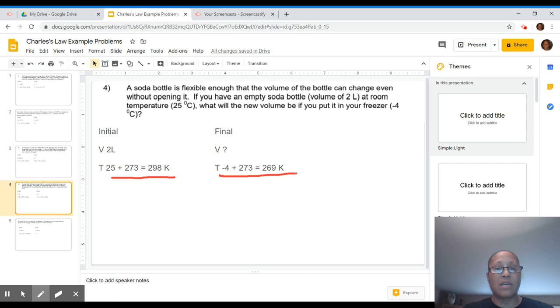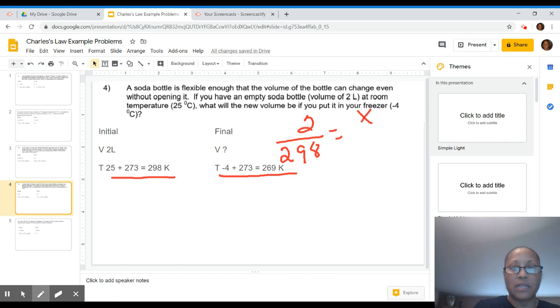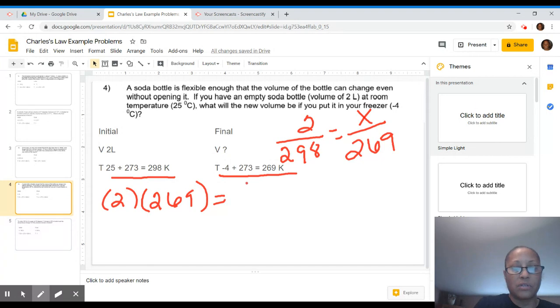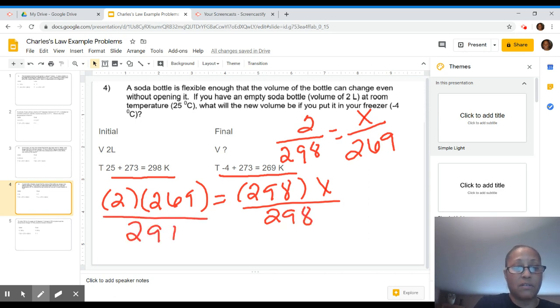So now that everything is all set up, I can find out what the new volume is. So I'm going to plug everything in. 2 over 298. Set that equal to x, because I don't know the volume, over 269. All right, I'm going to cross multiply. 2 times 269 equals 298x. Divide both sides by 298 because I'm trying to solve for x, which happens to be the volume.